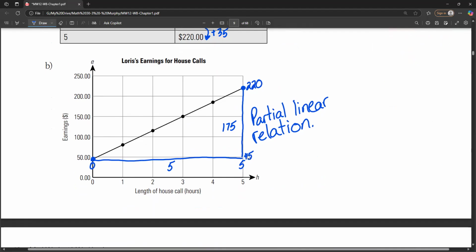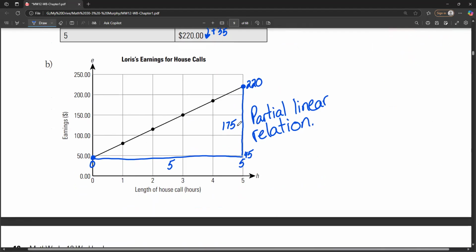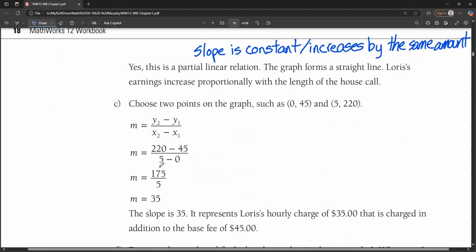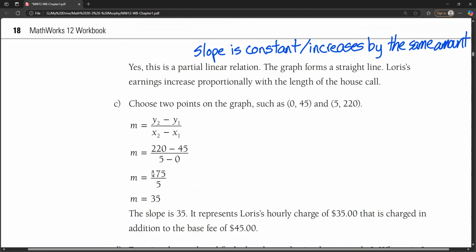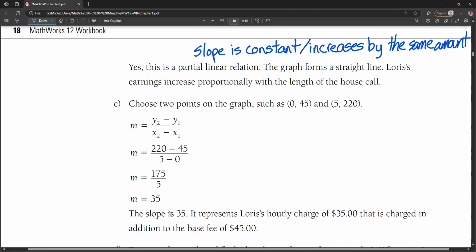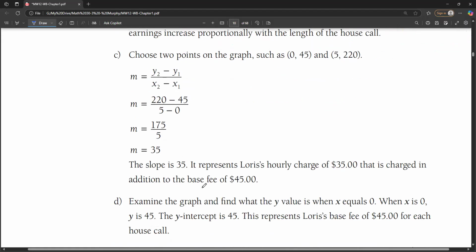All they're doing here is subtracting 45 from 220 to get that 175. So again, don't make the equation too difficult. You're just measuring the length of each piece. Okay, so if this y2 minus y1, x2 minus x1 confuses you, just remember this is just the length, 175 over 5. Okay, and our slope comes out to 35, and it represents Loris's hourly charge of 35 that is charged in addition to the base fee of 45.